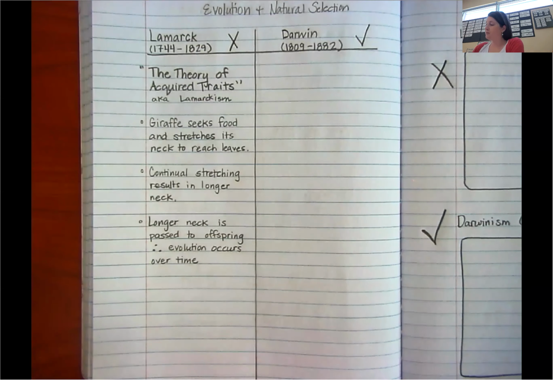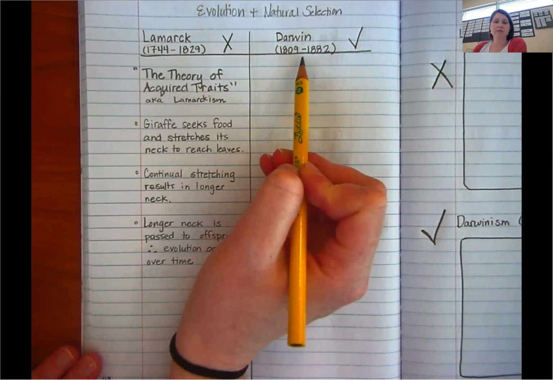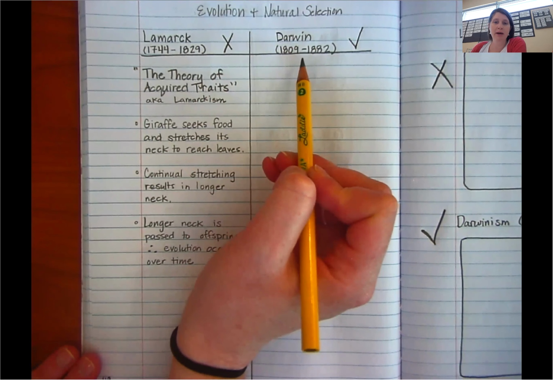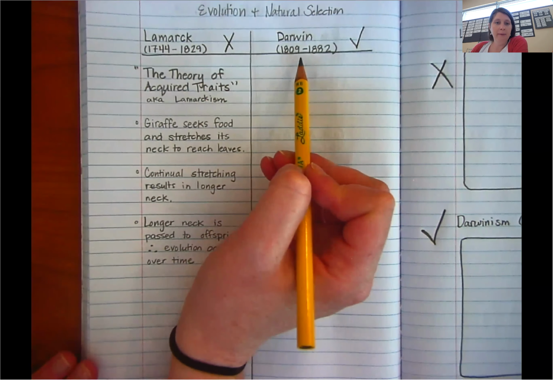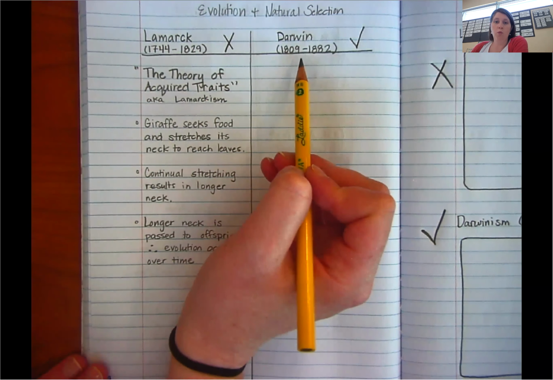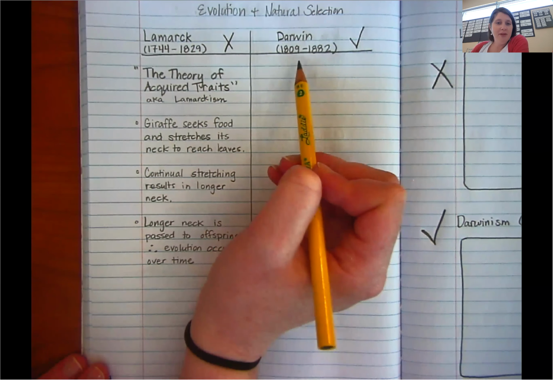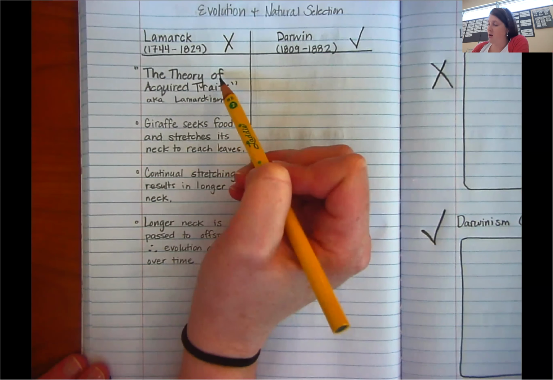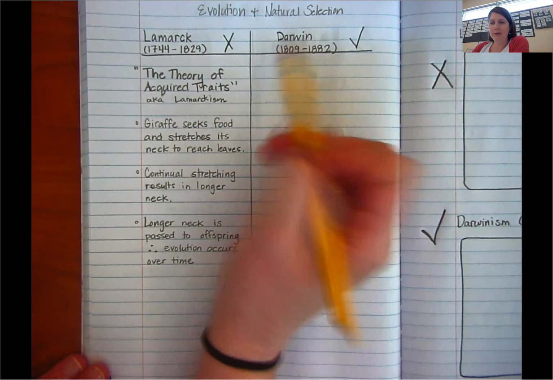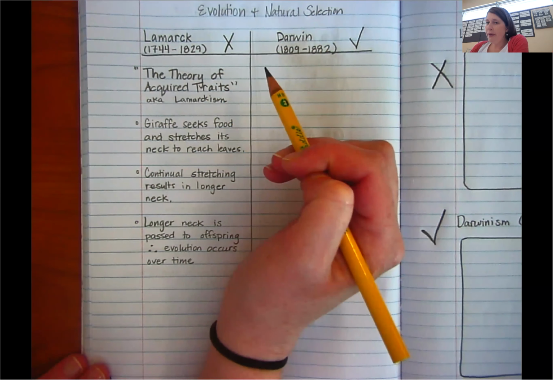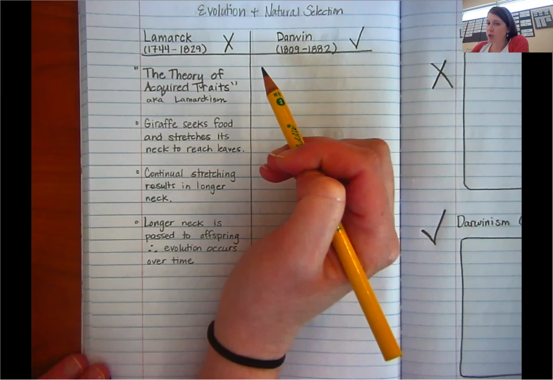Darwin comes along. You can see their lives in the years kind of overlapped by about 20 years. Their lives overlapped a little bit. And so Darwin was kind of looking and going, I don't think that's true.